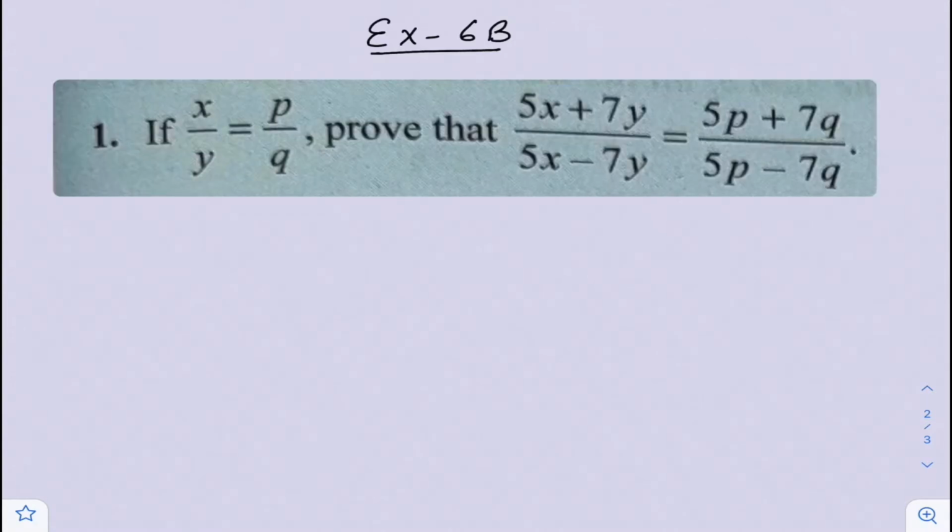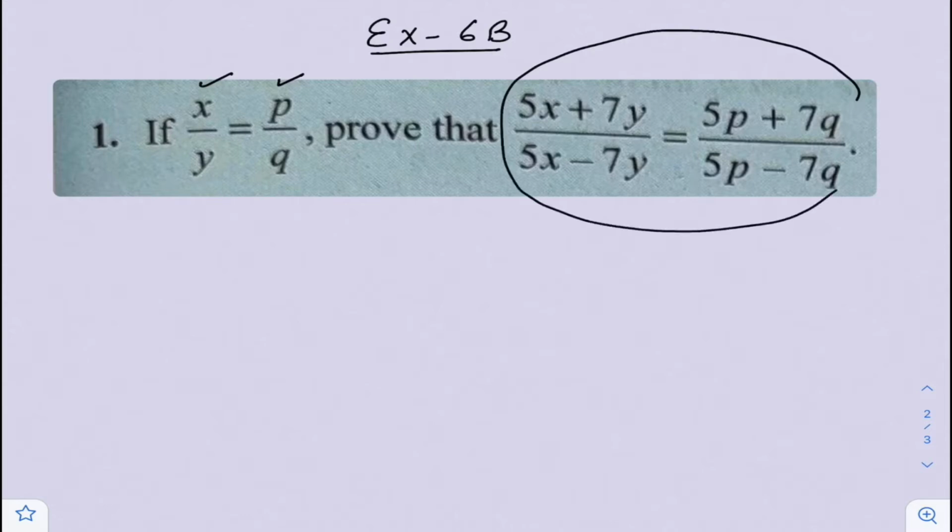This is question number 1, where two ratios are equal to each other, and this we have to prove. When we have to prove something, we have to take a hint from there only, so that we can start our solution. You just see plus is here and minus is here. This is 5 and this is 7. So you can see it carefully.